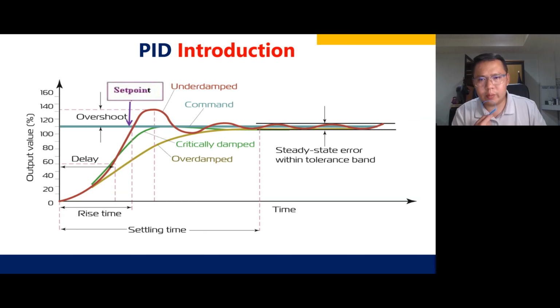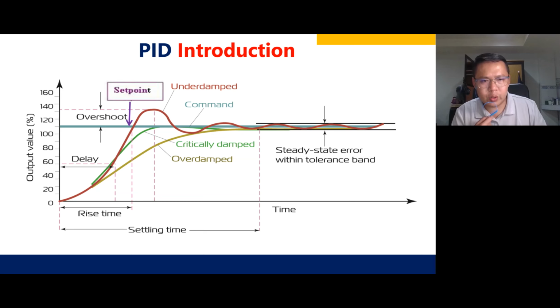In this paper, I will explain the meaning of the setpoint, overshoot, undershoot, rise time, and settling time. Setpoint means the desired target value that the PID controller aims to maintain.